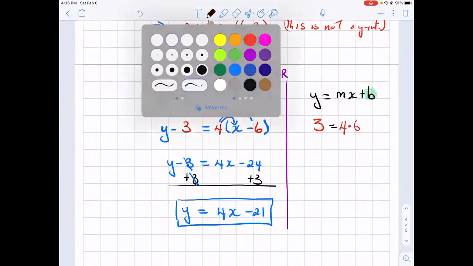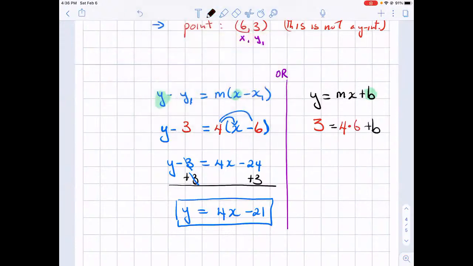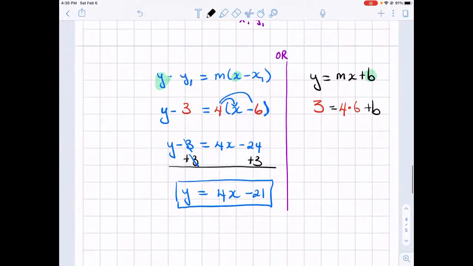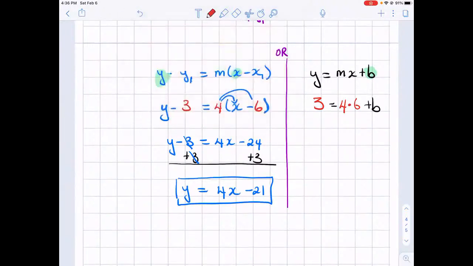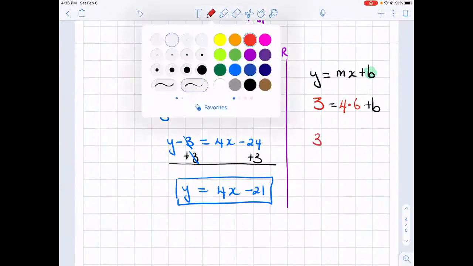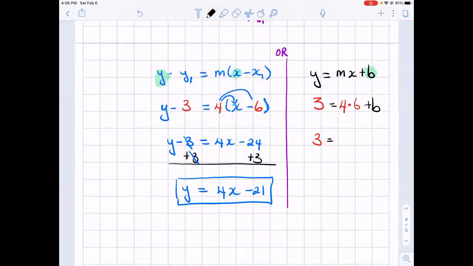However, we don't know b. So by finding b now, we have 3 is equal to 4 times 6, which is 24, plus b. And to find b, if we minus 24 on both sides, this becomes minus 21 is equal to b, because the plus 24 and the minus 24 cancel out.